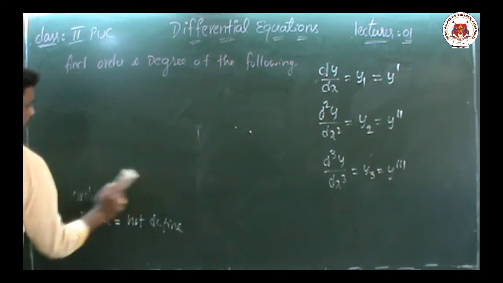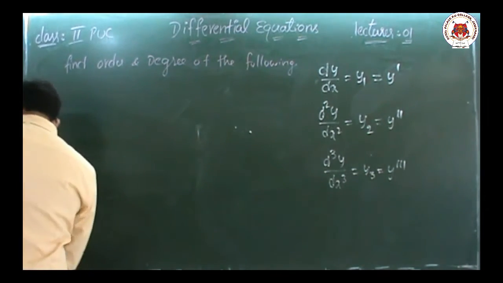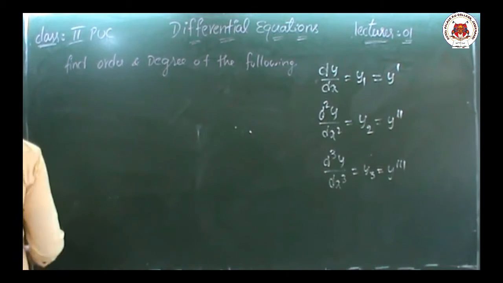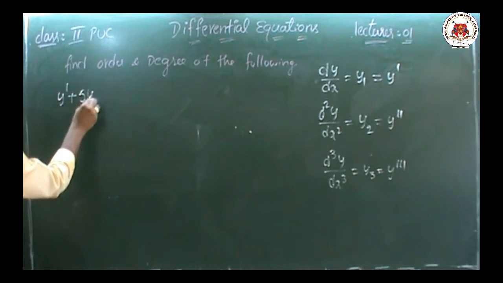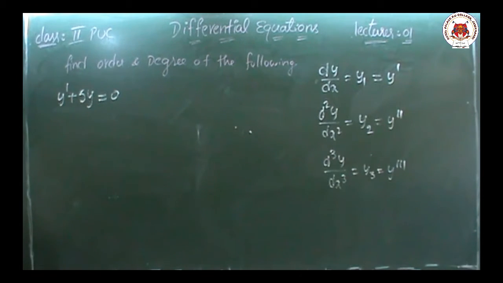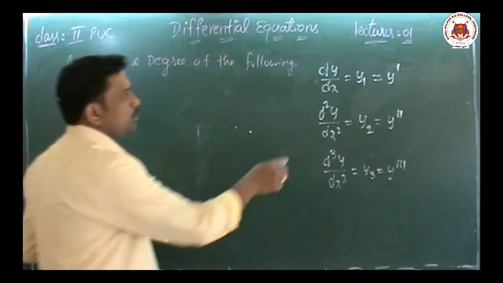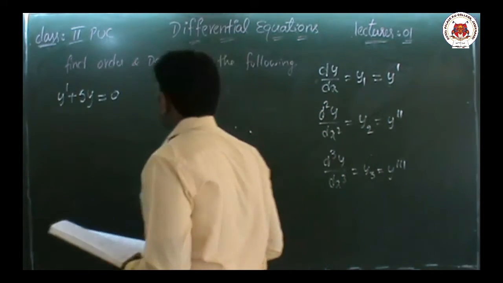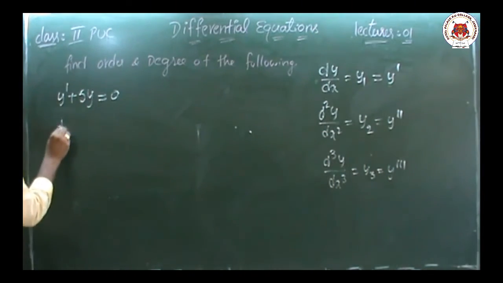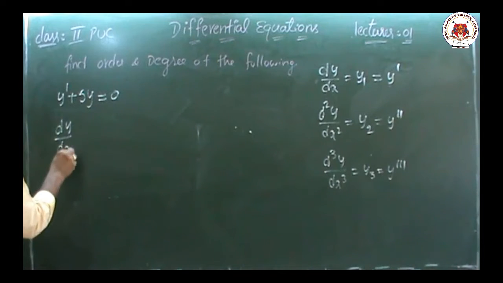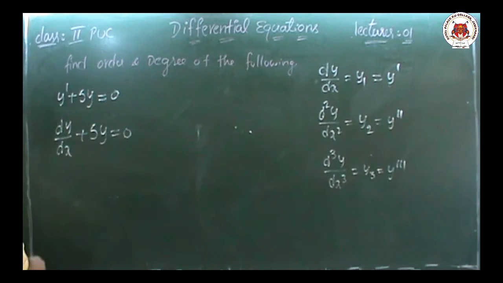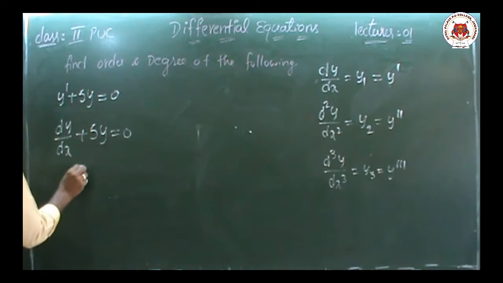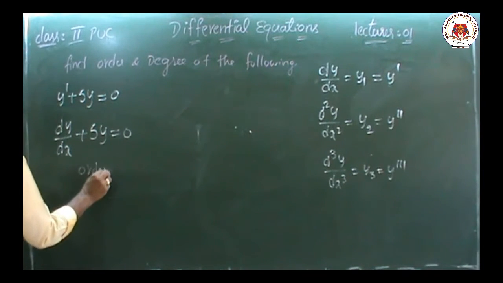Then we go to the next question. The second question is y dash plus 5y is equal to 0. I just said y dash is nothing but dy by dx. That means we can write this as dy by dx plus 5y equal to 0. Here there is only one time differentiation, so order is equal to 1.